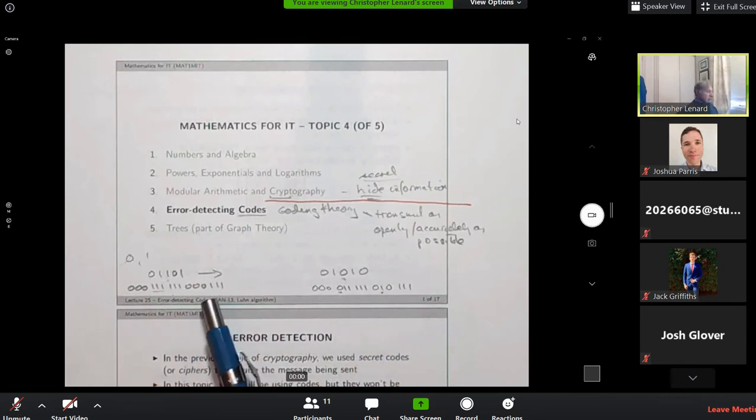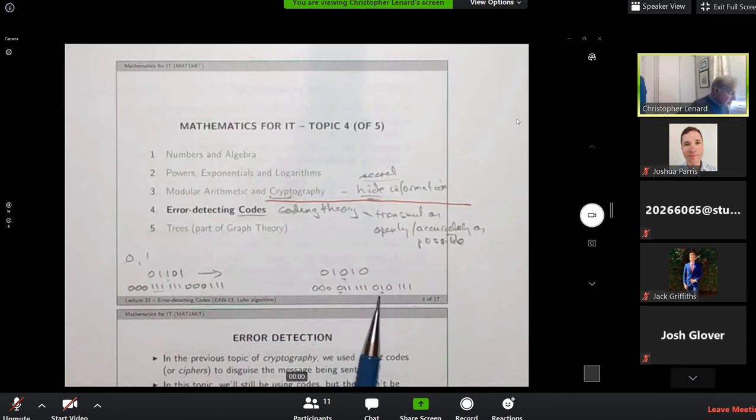Now, the point about the redundancy is that if I receive that, then I'm going to guess that only 1 bit was changed here, not 2 bits. So I'm going to guess that this should have been 1 1 1 rather than 0 0 0, because it's more likely that 1 bit was corrupted than 2 bits. Same thing here. If I receive this, then I'm going to guess that it should have read 0 0 0 rather than 1 1 1. Again, because I'm assuming that it's more likely only 1 bit is corrupted.